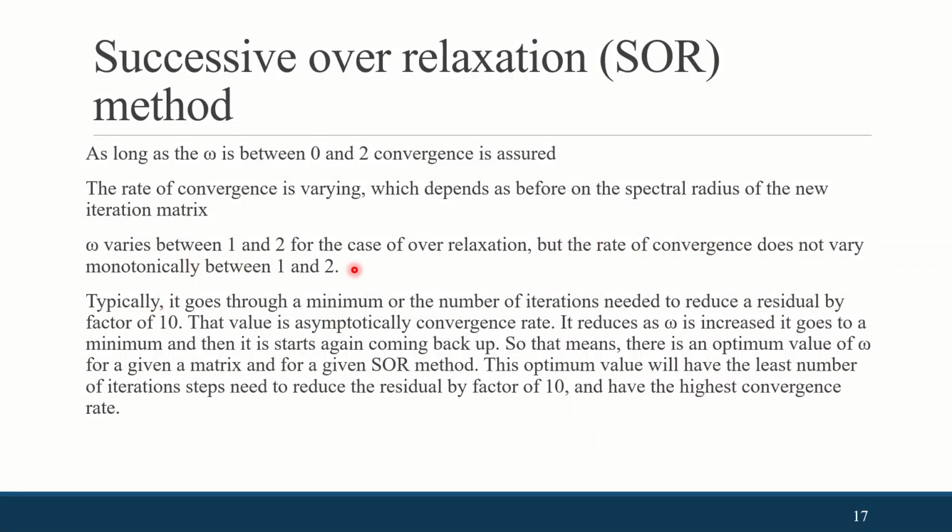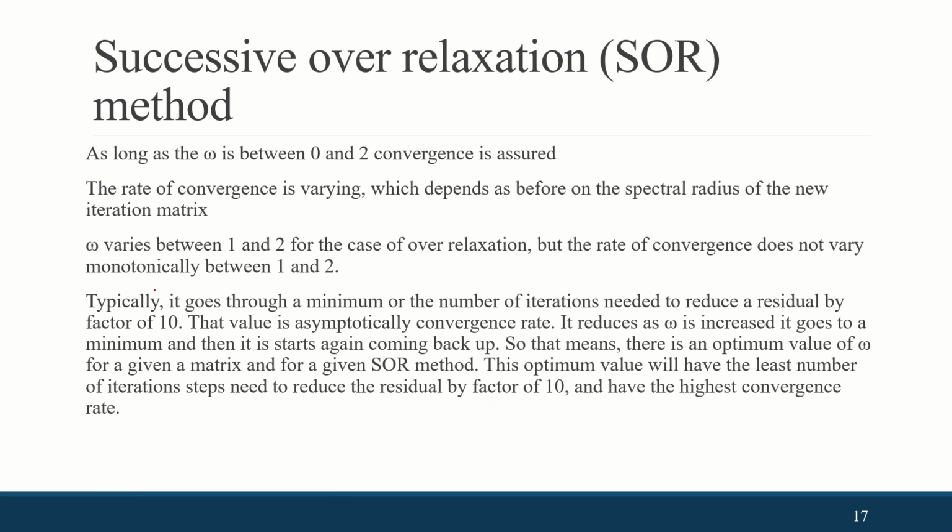Typically, it goes through a minimum in the number of iterations needed to reduce the residual by a factor of 10. The value is the asymptotic convergence rate. If it reduces as omega is increased, it goes to a minimum and then starts coming back. So that means there is an optimum value of omega for a given matrix and for the given SOR. This optimum value will have the least number of iteration steps needed to reduce the residual by a factor of 10.